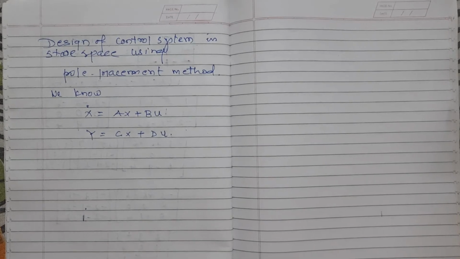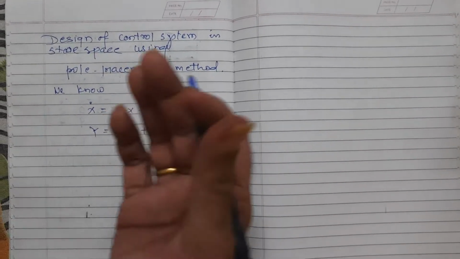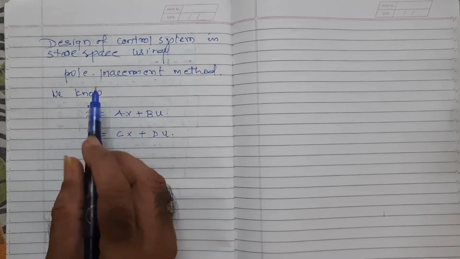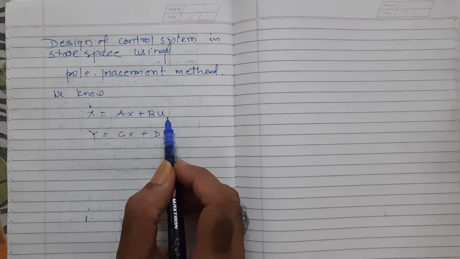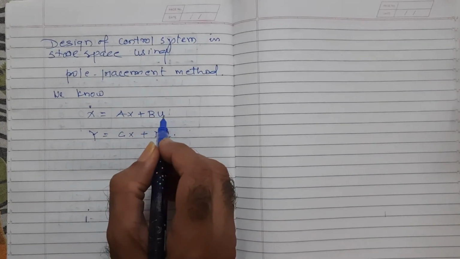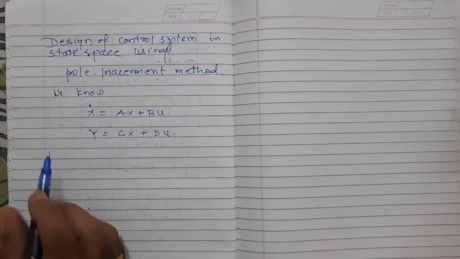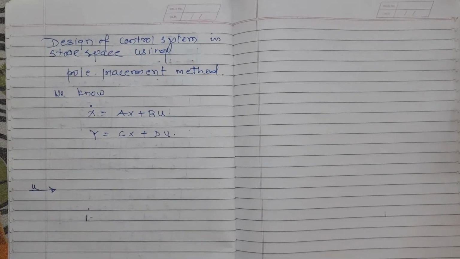Now see here, this equation we will convert into a block diagram. x dot equals Ax plus bu, and u is my reference input. So first we put here u, my reference input.